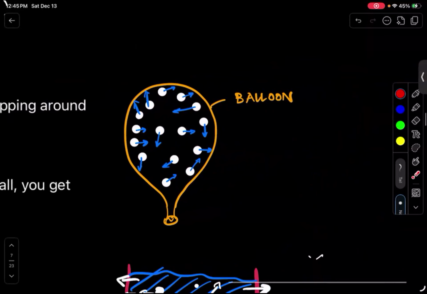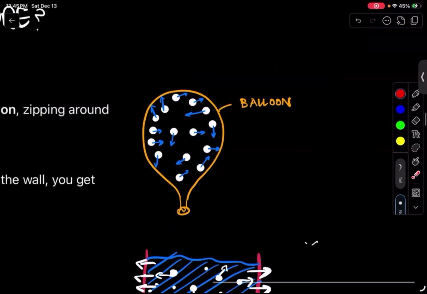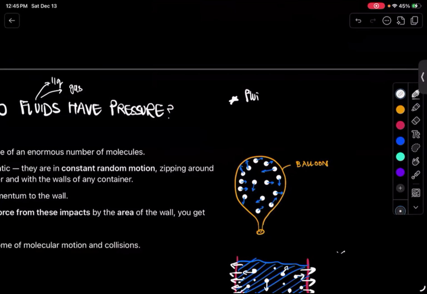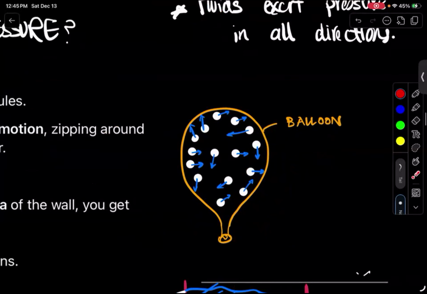Because all of these particles, for example, in a balloon, right? You can already see that the particles exert, I'll write that down, fluids exert pressure in all directions. Now that means this balloon, all the particles are jiggling around in every single direction.